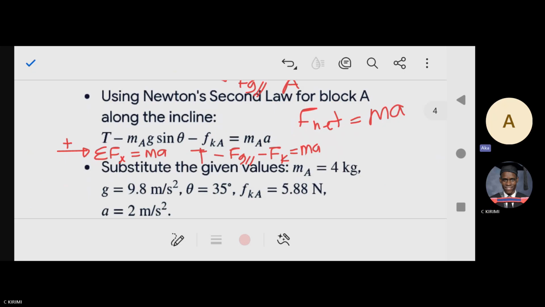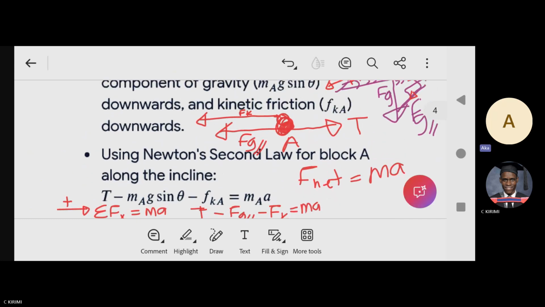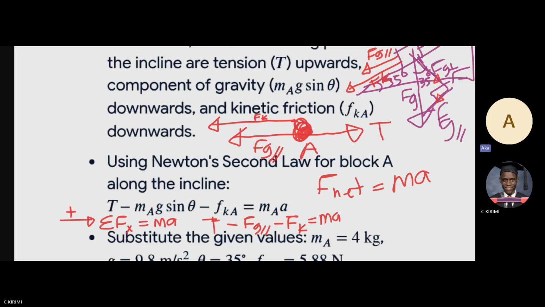Sir, I have a question. Yes, ask. I understand that T is positive because it's upwards. So I have this question on this triangle, the FG and FG parallel. They are going in the same direction, which means what?